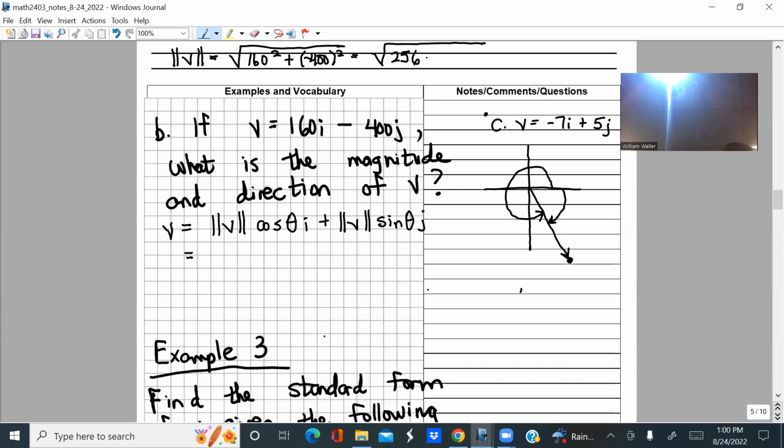I'm not sure. You'll calculate that for me? Okay, it is 25,600. I did overshoot it there. So 25,600 plus 160,000. That makes sense. So that ends up to be the square root of 185,600.